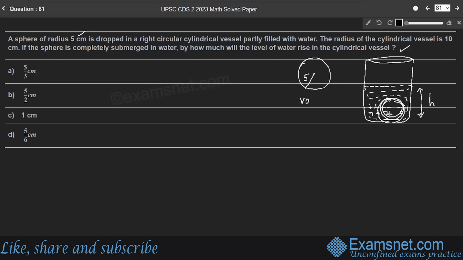So when you take the volume of the sphere, when the same sphere is submerged in the vessel, the volume of the sphere is equal to the new volume of water in the vessel. When the sphere is submerged in the water, the same volume of water will be raised to some height, right?